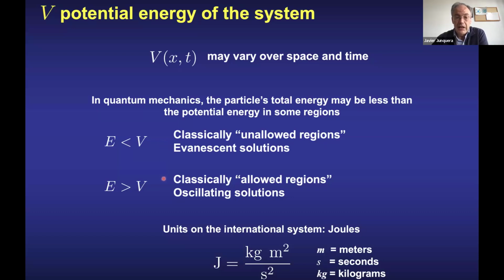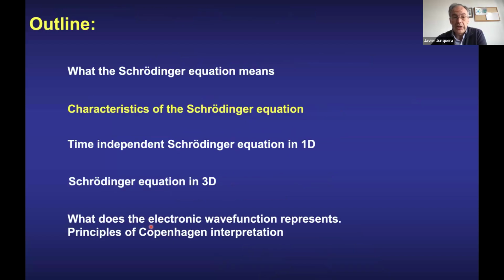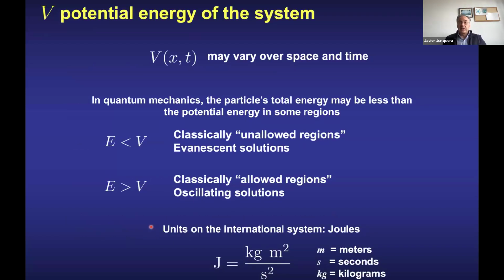On the other hand, if the total energy is larger than the potential energy, then those are the regions that classically are allowed, and we will see how in quantum mechanics we might have oscillatory solutions in those regions. So the units of the potential energy, in the International System of Units, are joules, or kilograms times meters squared divided by seconds squared.